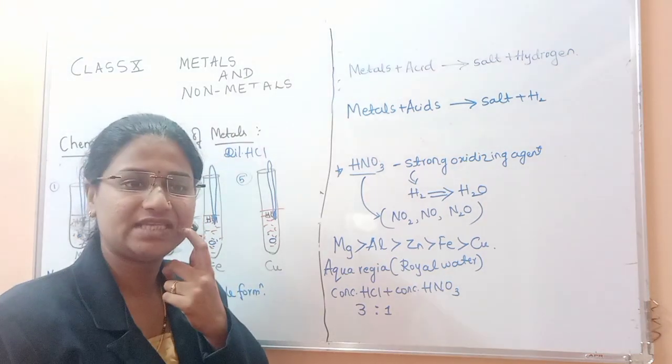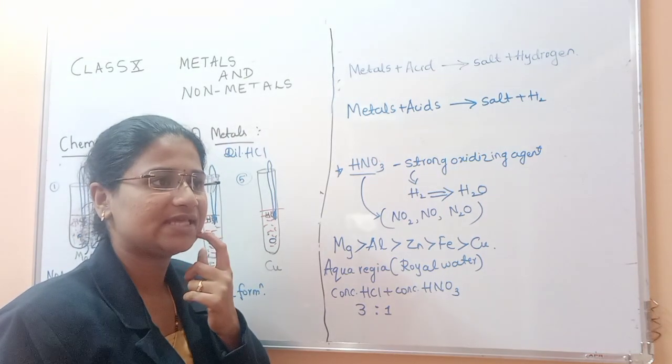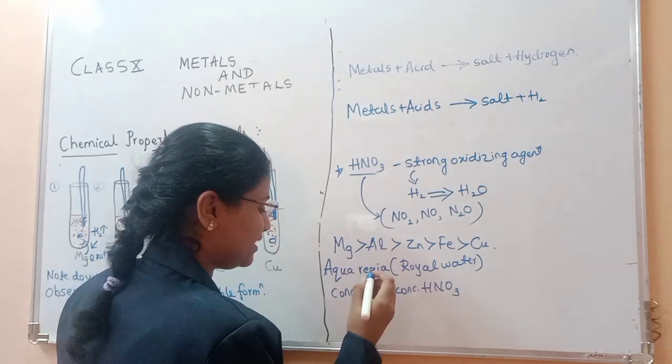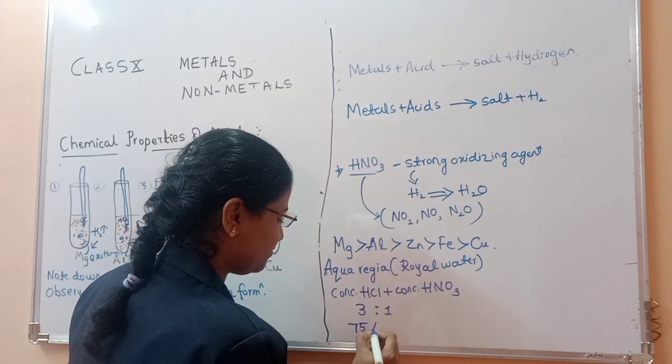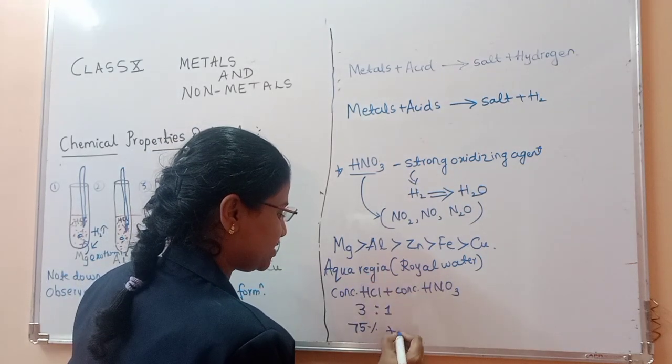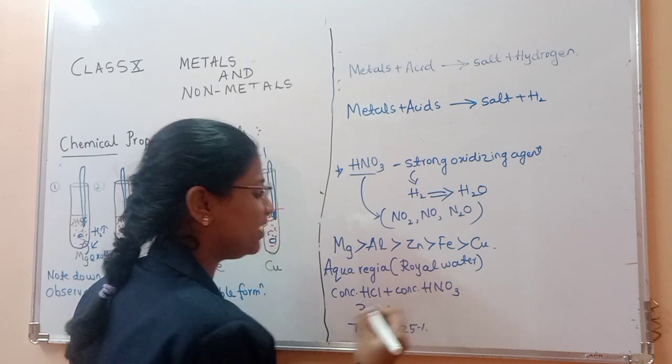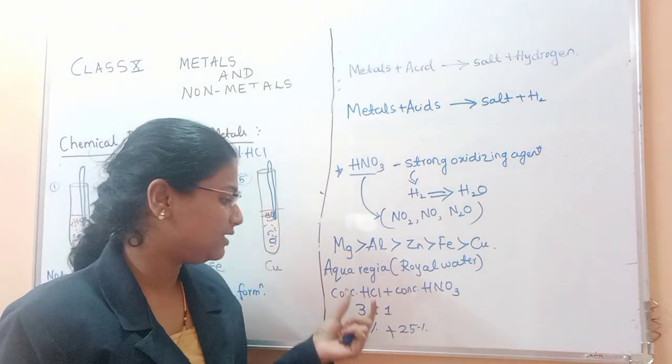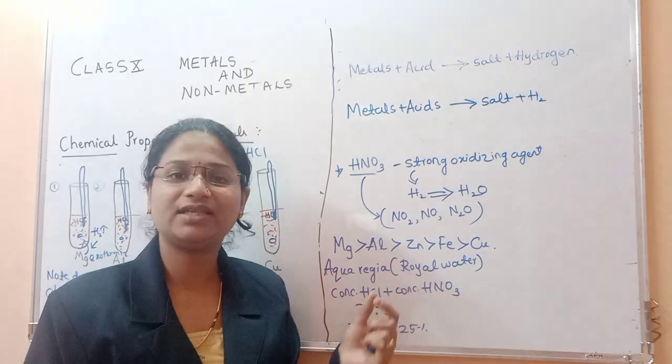For example, 3:1 means if it is 100%, 75% will be HCl and 25% will be nitric acid. In that ratio, aqua regia is formed.